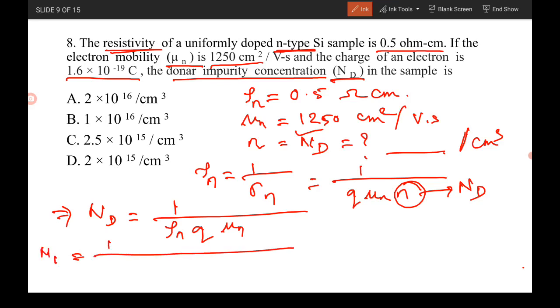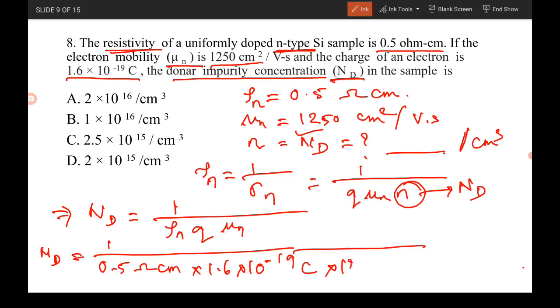So our Nd will be equal to 1 by rho n, which is 0.5 ohm cm, cross q, that is 1.6 into 10 to the power minus 19 coulombs, times mu n, which is 1250 centimeter square per volt second.